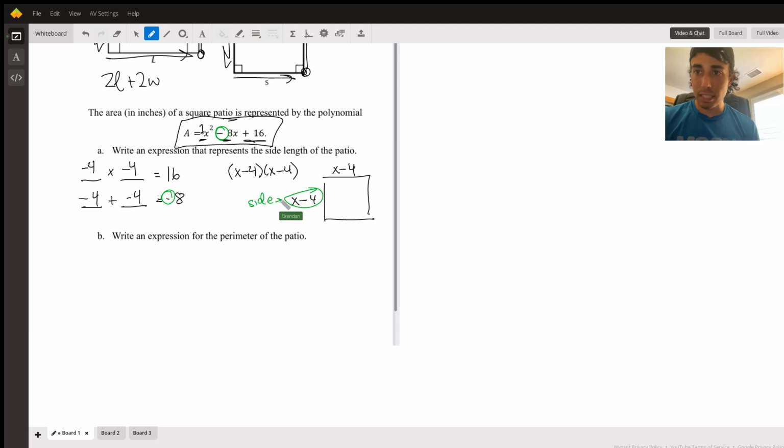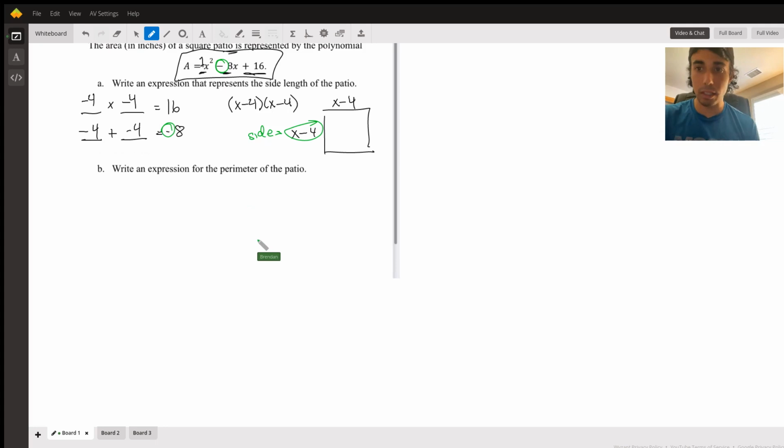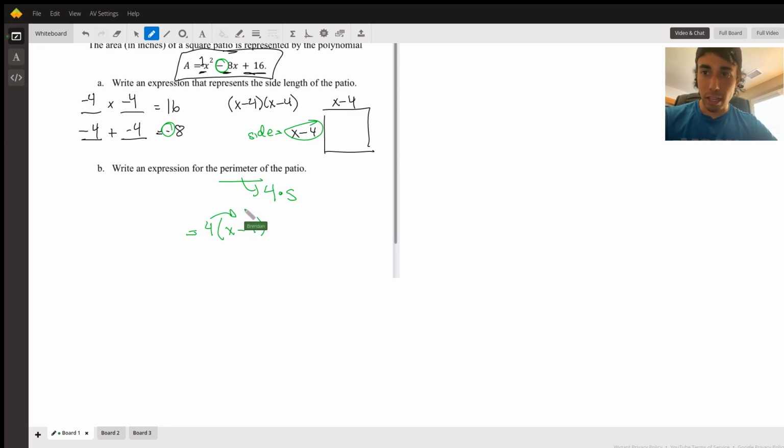And remember the perimeter for a square, going back to that formula, is just 4 times the length of the side. So 4 times x minus 4. We're going to distribute that 4. So 4 times x is 4x, and 4 times negative 4 is negative 16. And that would be your perimeter.